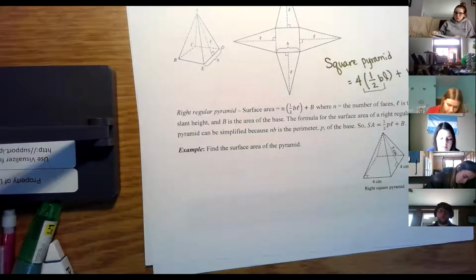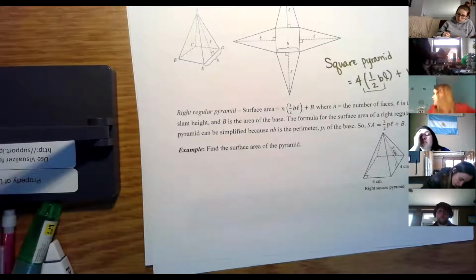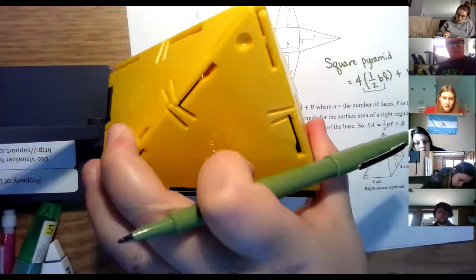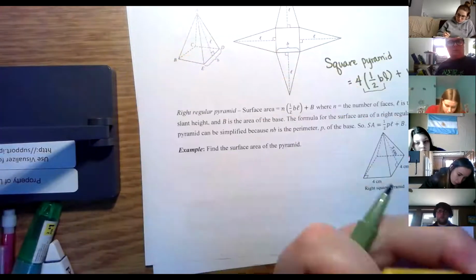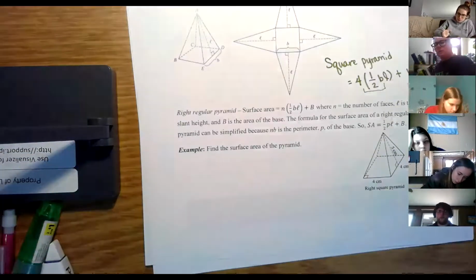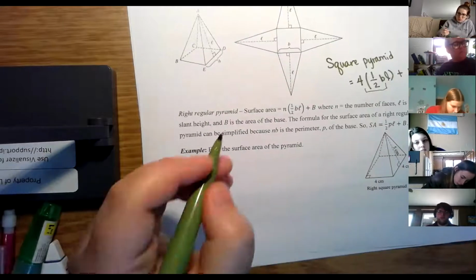No, I just have a rectangular one. To visualize it, you have these 4 lateral faces, and then there's your base. Granted, my base is a rectangle, so it's not a perfect square, but it will make it nice if it's square.